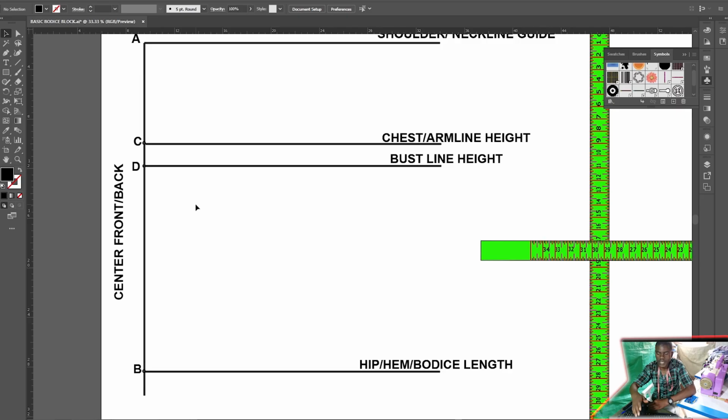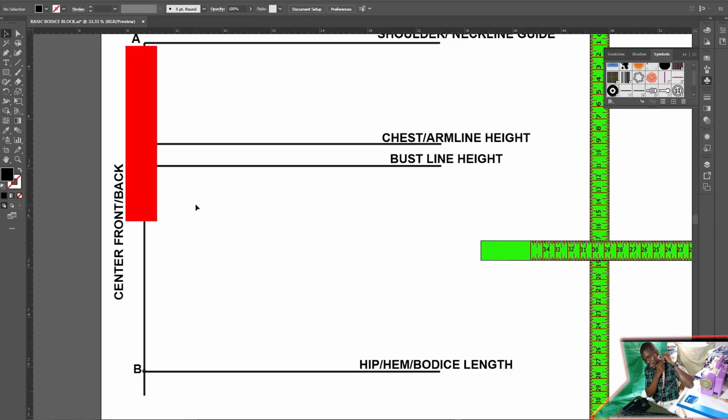Next is to determine the waistline height for this bodice. From starting point A, measure downwards from the average highest shoulder point to the waistline, which is typically taken along the body's natural silhouette or the outline. That's the natural waist for ladies.